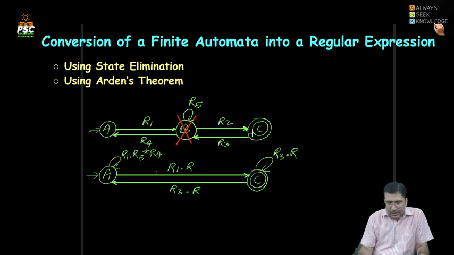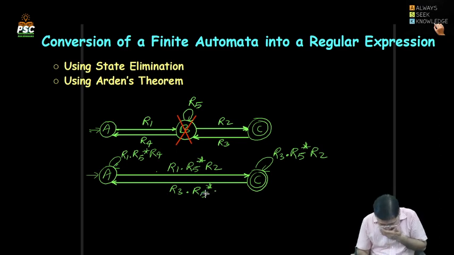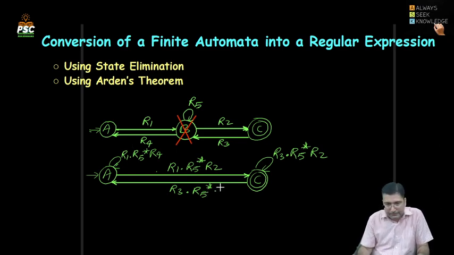Now if you are eliminating this, same thing will happen, R3 and then R5 asterisk followed by R2. So there's a loop, and this path R1 R5 asterisk followed by R2, you reach C, and from C to A R3 R5 asterisk, sorry, followed by R4, right? So this is also easy.